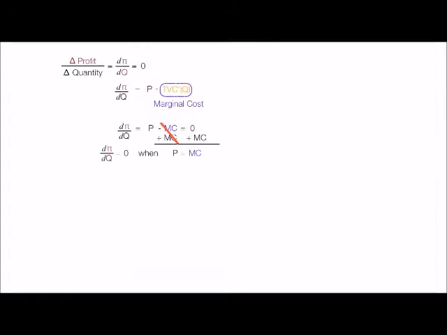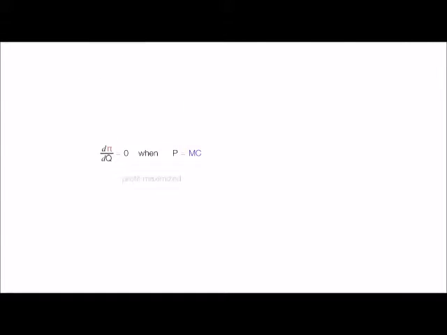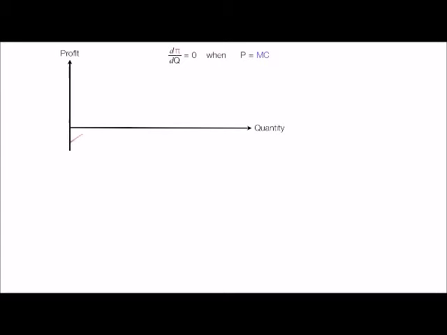So we conclude profit is maximized at this point, but I'm not done yet. I have to show you a few more things. I'm going to draw back in the profit curve, like that. I'm going to take the quantity and drag it straight down. So the quantity is the same.